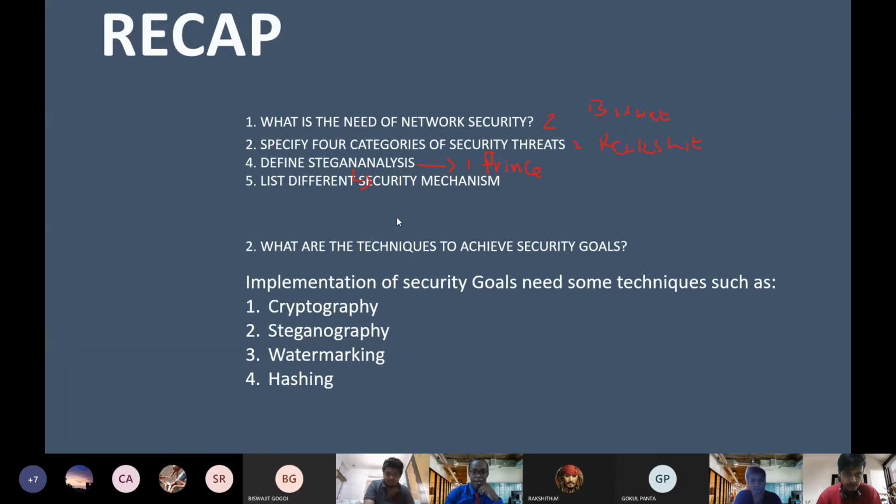Yes, Jivan, list the security mechanisms first.